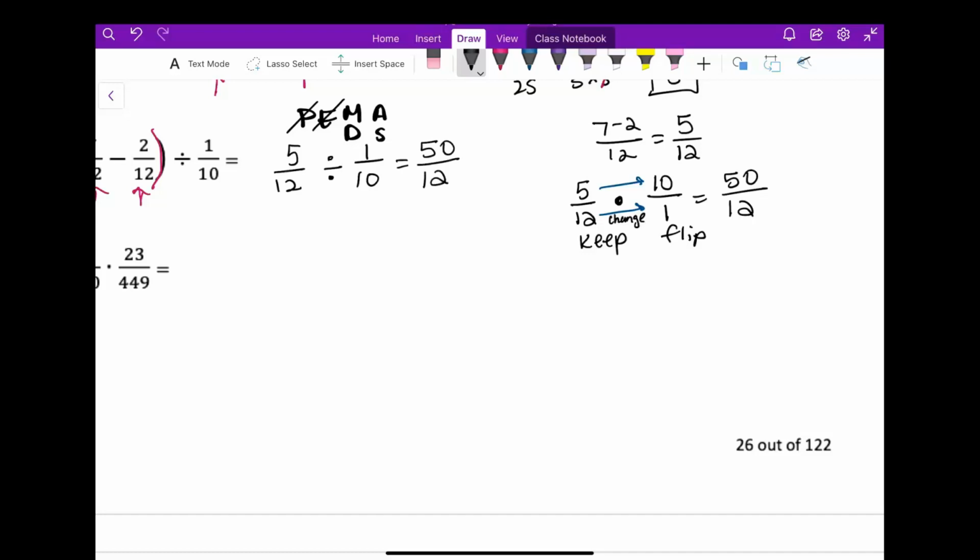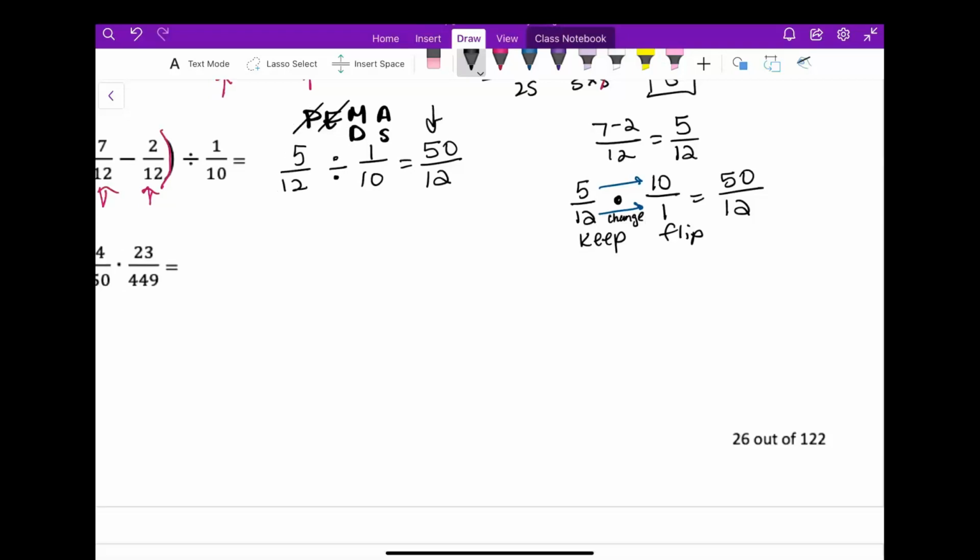Notice I have all this side math and I keep coming back to the left to keep updating my answer. What this does is it allows me to keep going with my plan and not get mixed up of what I'm doing. So right now I'm working on this step and I'm thinking, wow, I'm all done because there's only one fraction left and all I have to do is simplify.